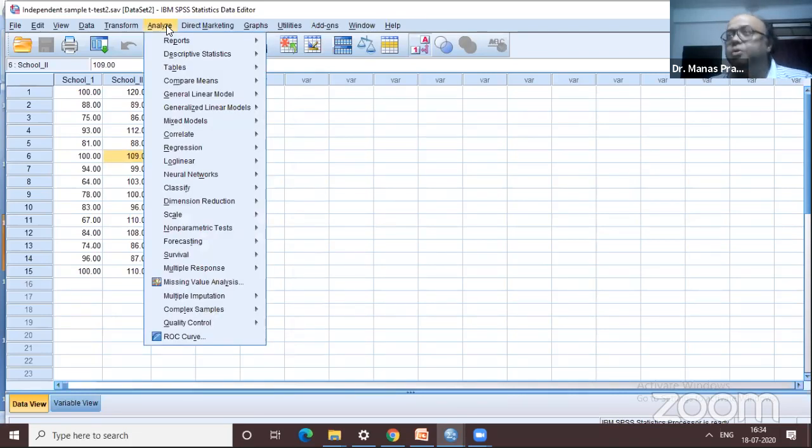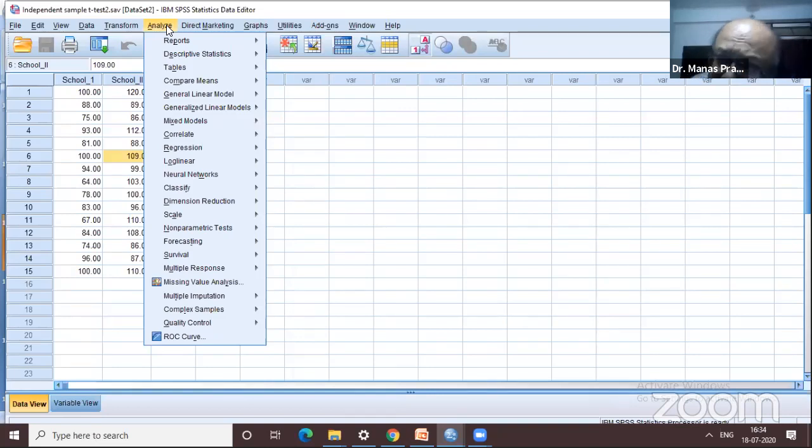Okay, one more thing. There is one more important thing in SPSS, that the arrangement of data is very important. In some tests, you have to arrange the data in a particular way.